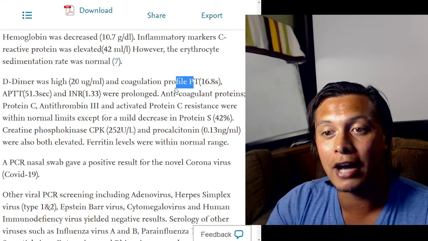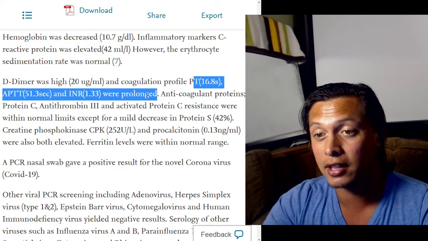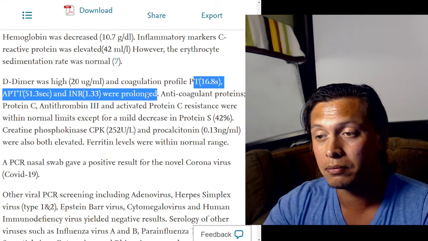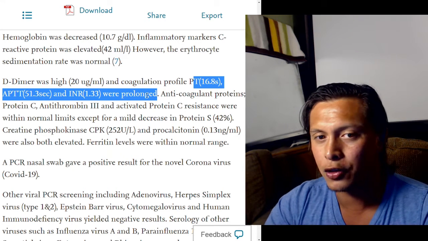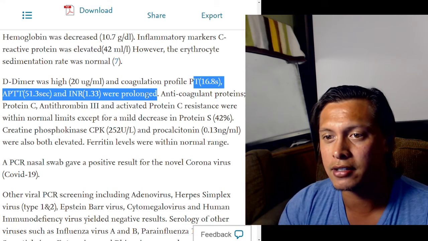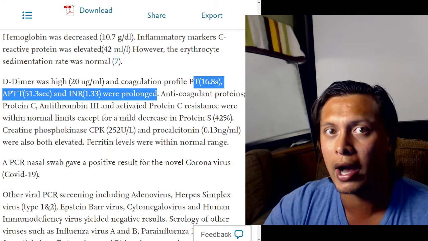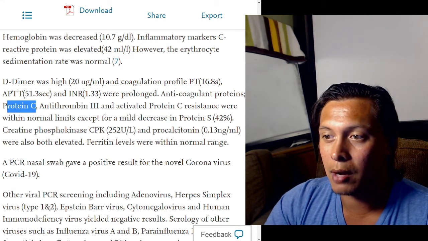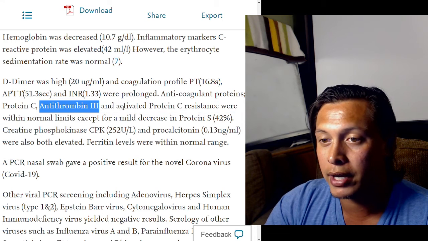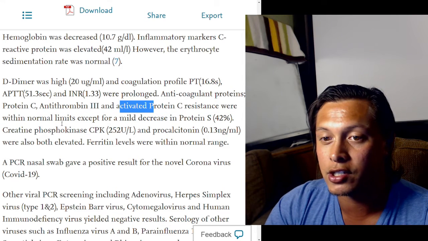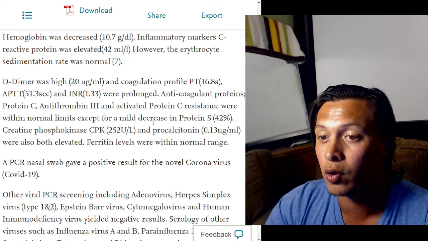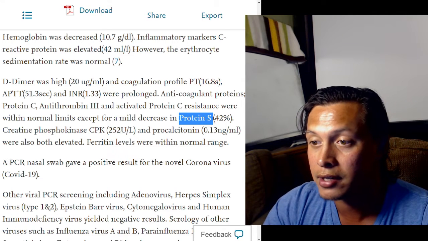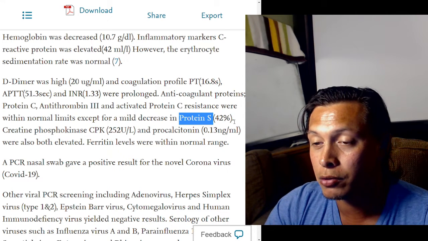I don't know anything about these, but I'm guessing that these are other biomarkers that would indicate some issue with coagulation. Anticoagulant proteins, protein C, antithrombin III, and activated protein C resistance were within normal limits except for a mild decrease in protein S, which is at 42%.